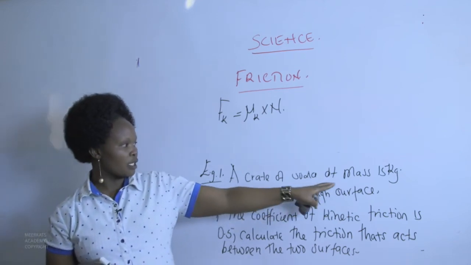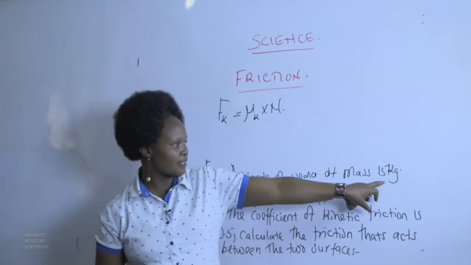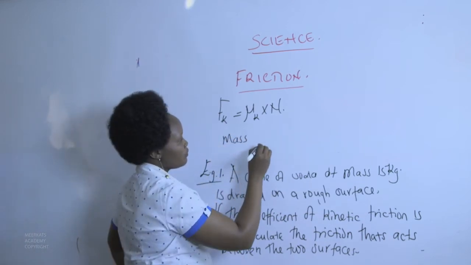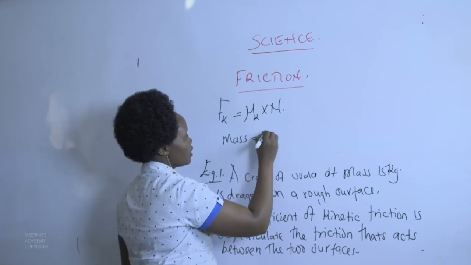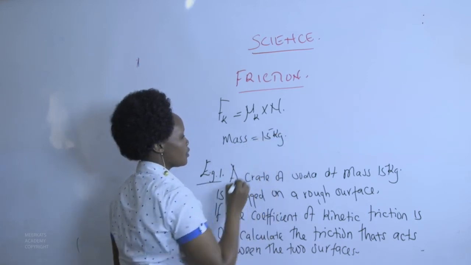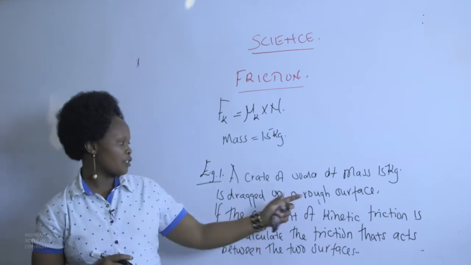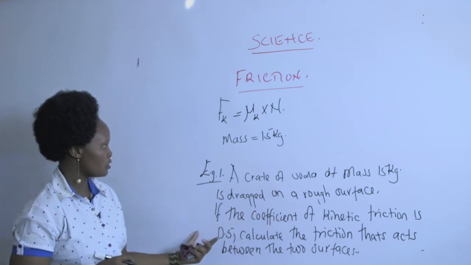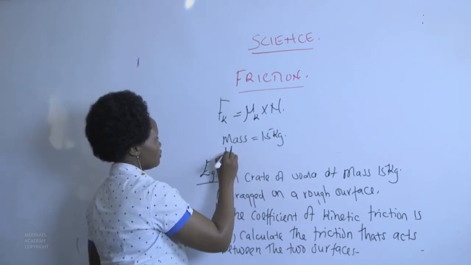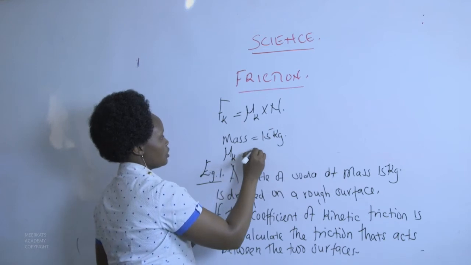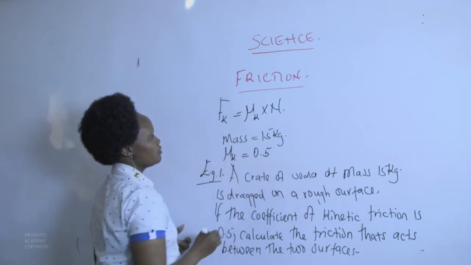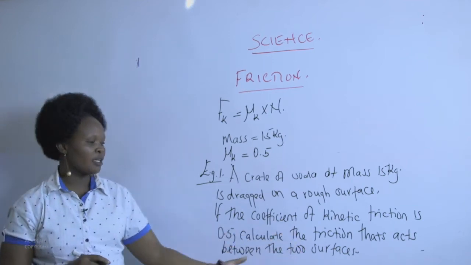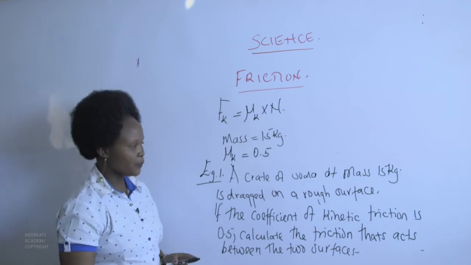A crate of soda of mass 15 kgs is dragged on a rough surface. If the coefficient of kinetic friction is 0.5, then you are expected to calculate the kinetic friction.